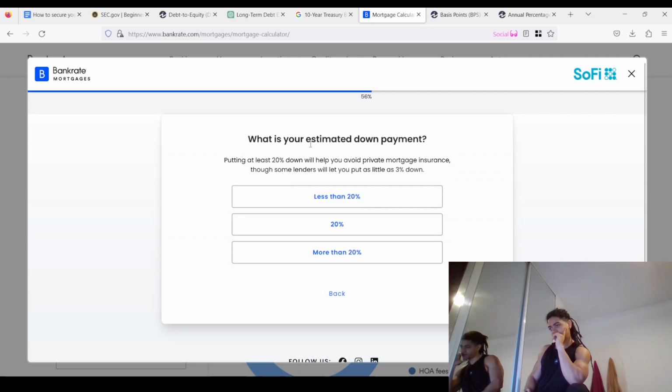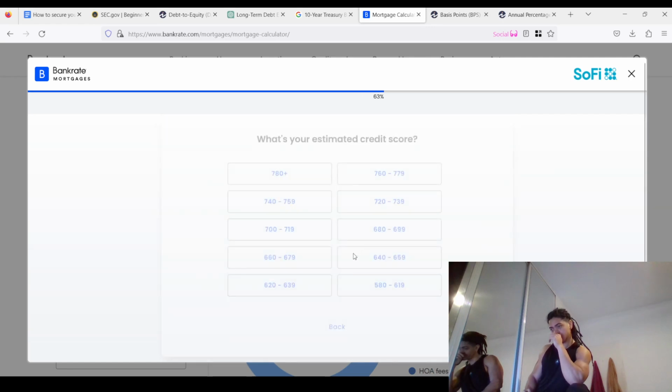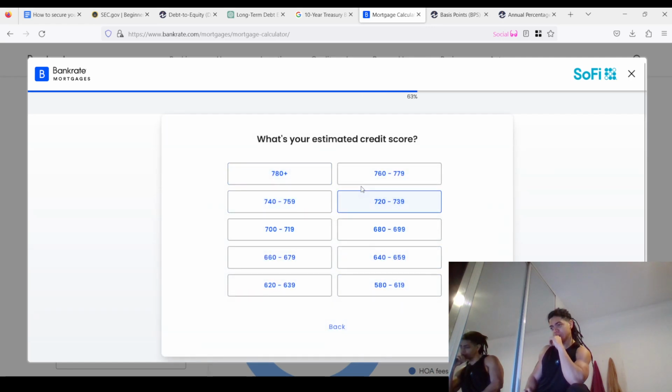What is your estimated down payment? Putting at least 20% down will help you avoid private mortgage insurance, though some lenders will let you put as little as 3% down. 20%. What is your estimated credit score?